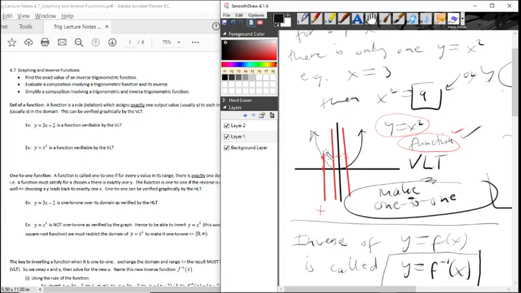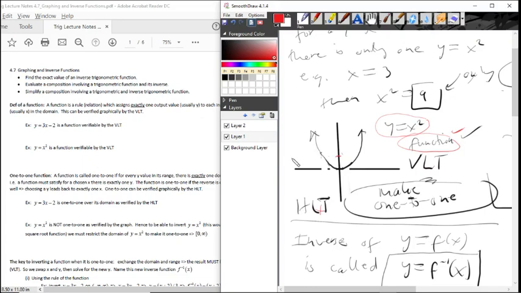Now, if we want to check to see if a given function might be 1-to-1, i.e. invertible, we can design what is called a horizontal line test. The horizontal line test is designed off of the definition of 1-to-1.